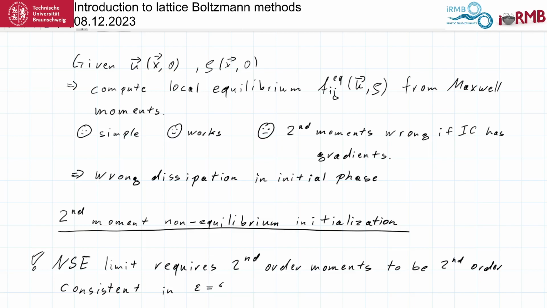Yeah, the smallness parameter epsilon is here related to the grid spacing. And we require that third order moments are correct in equilibrium.